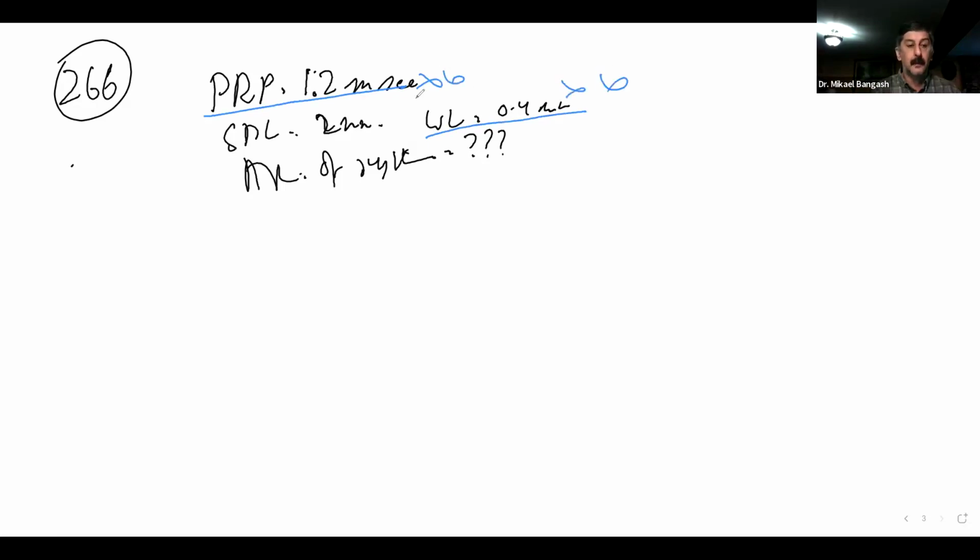The only thing that we needed was this, because the axial resolution of your system is going to be the spatial pulse length divided by 2. So that's going to be 1 millimeter.